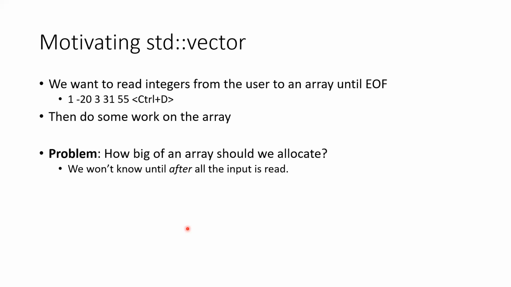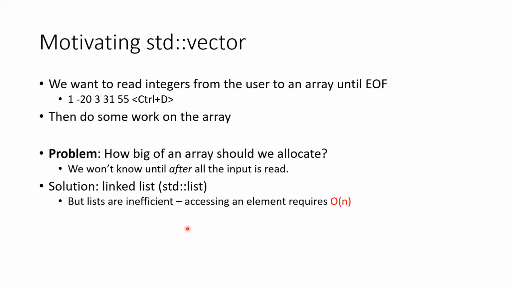We won't know until we read in all of the inputs and we see the end of file character. A solution that you have used in 244 is linked lists. But lists are insufficient. For example, if we want to access element n, you will need to go to the head and go next, n times to find element n.